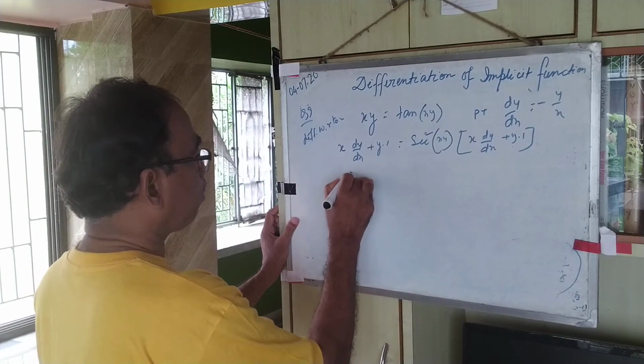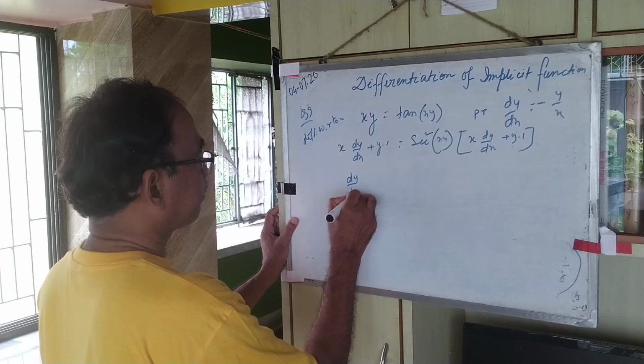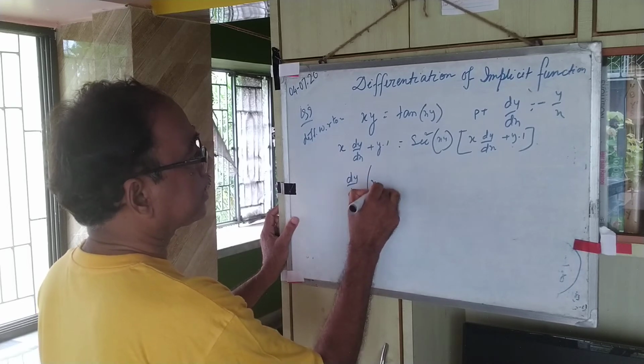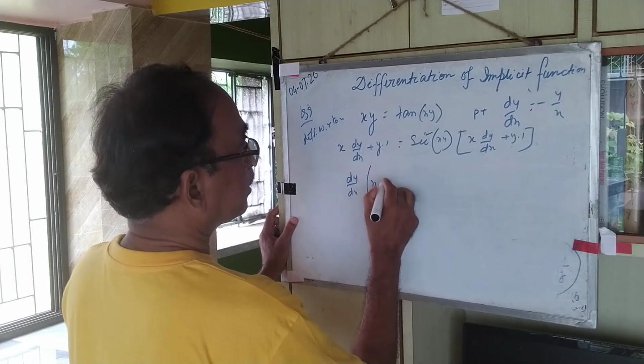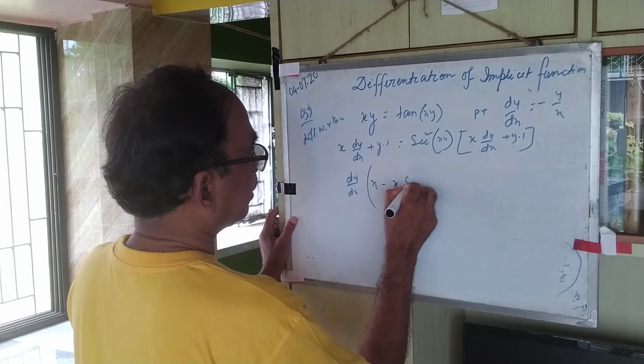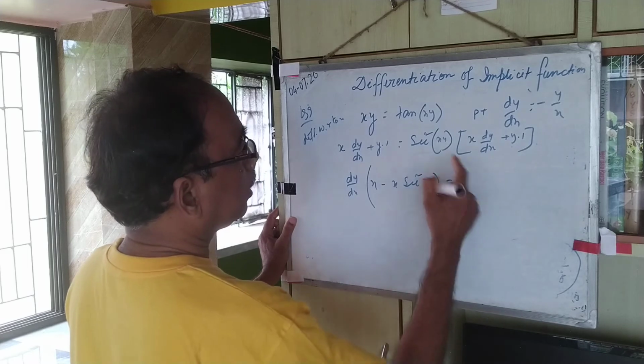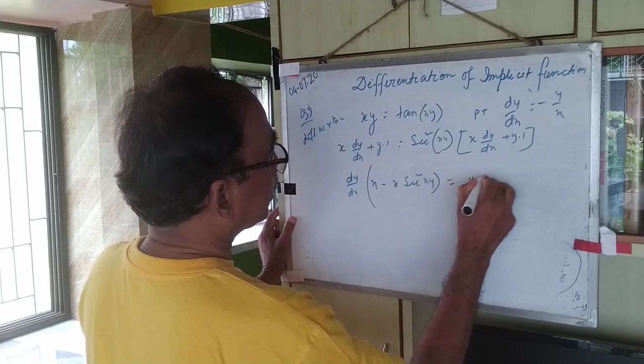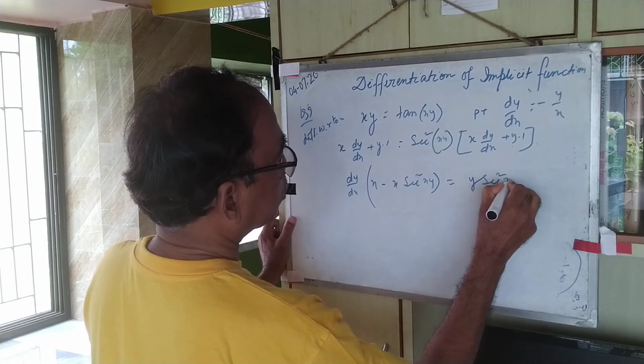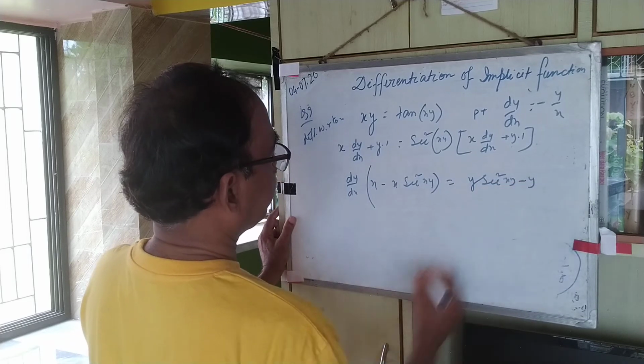Taking common dy by dx: here is x and here is minus x sec square xy, equals y sec square xy minus y.